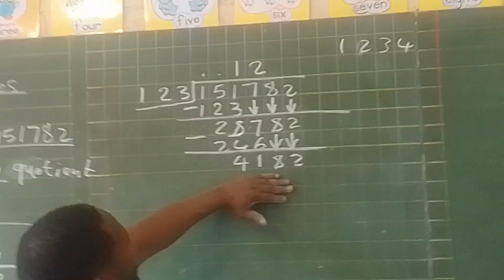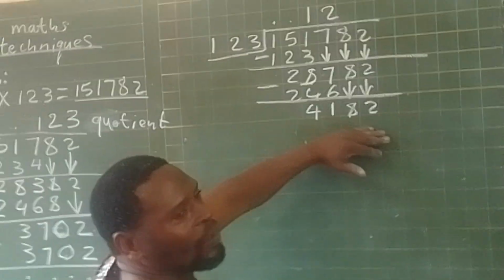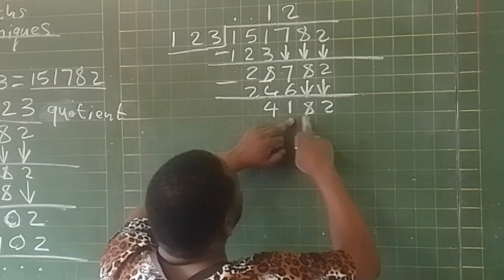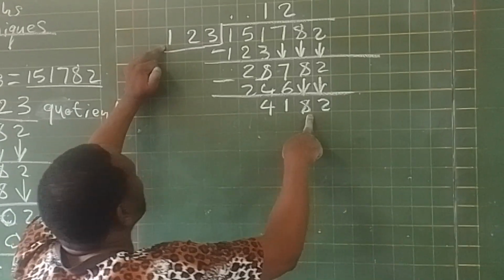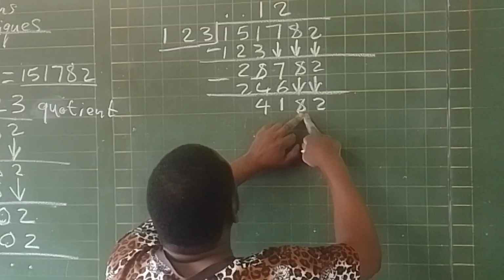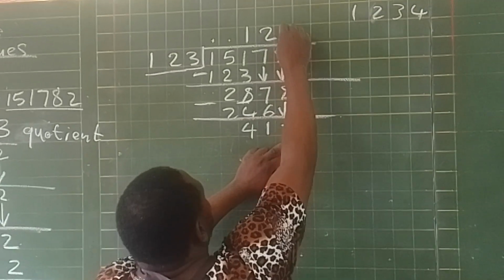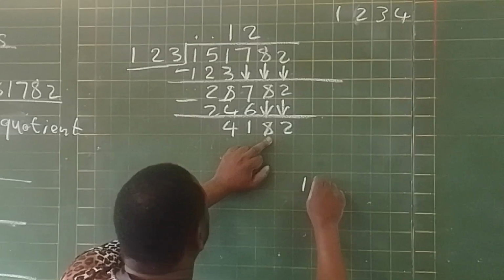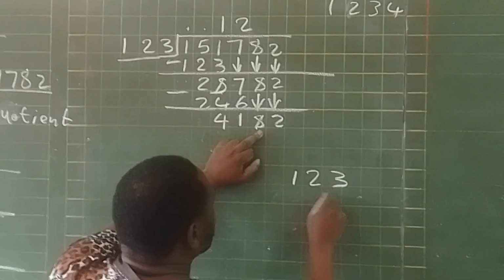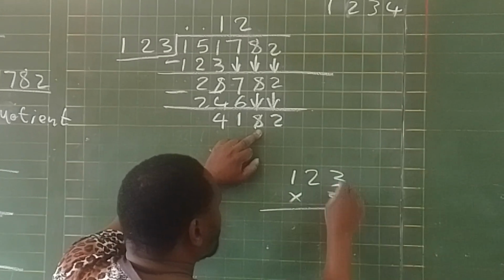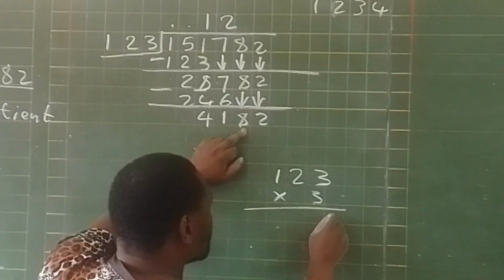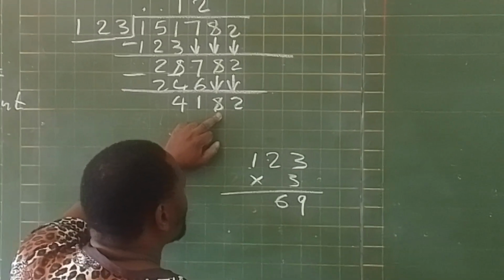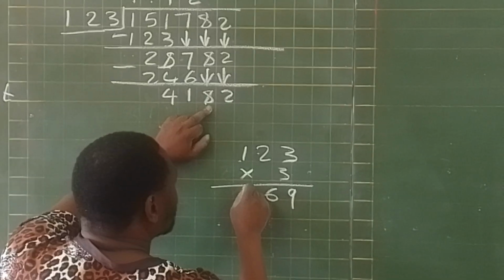So we are left with 418 and 2. You take 418, you divide by 123. You get what? You get 4 times. No, it's 3 times. Let's see. 123 by 3: 3 times 3 is 9, 3 times 2 is 6, 3 times 1 is 3.